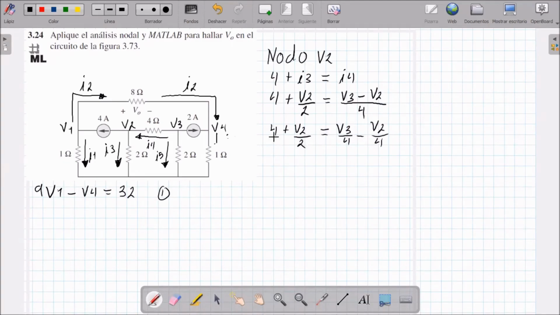So, I leave the variables on one side and the constant on the other side, to obtain that V3 over 4 minus V2 over 4 minus V2 over 2 equals 4. This is how it will look. So, if I operate what V2 has, I will have minus 3/4 V2 plus V3 over 4 is going to be equal to 4.